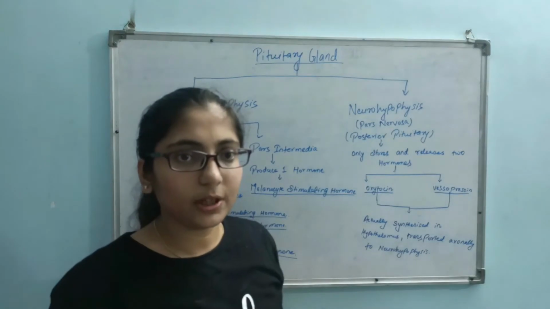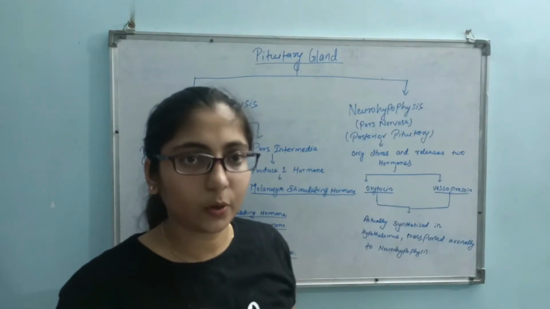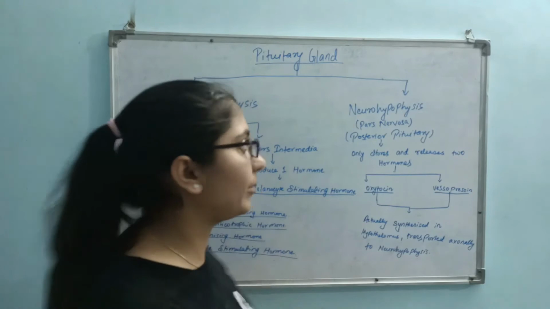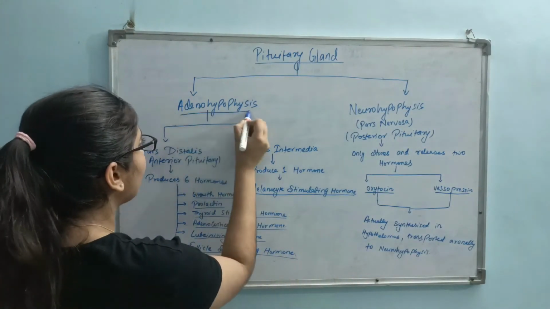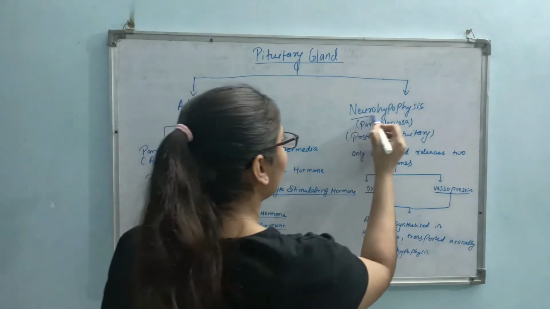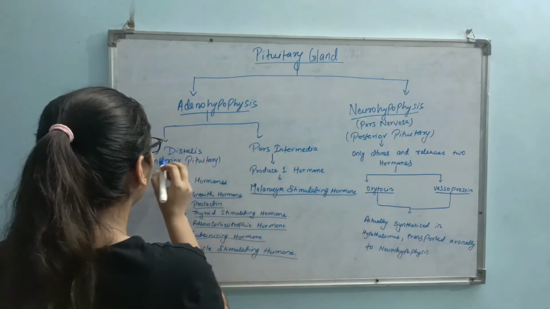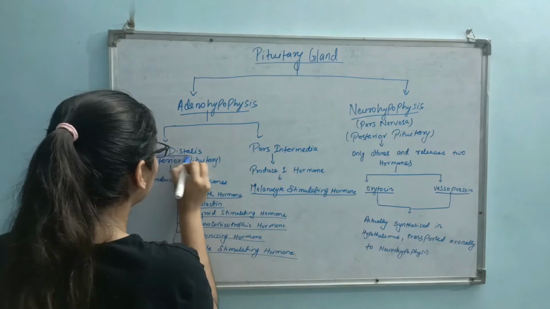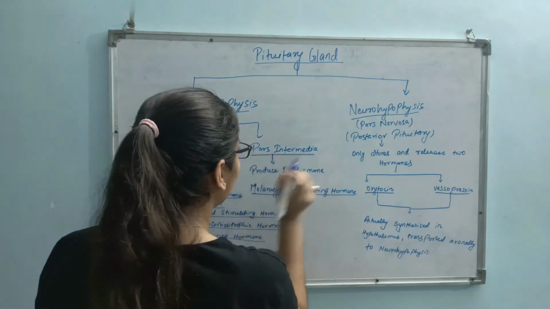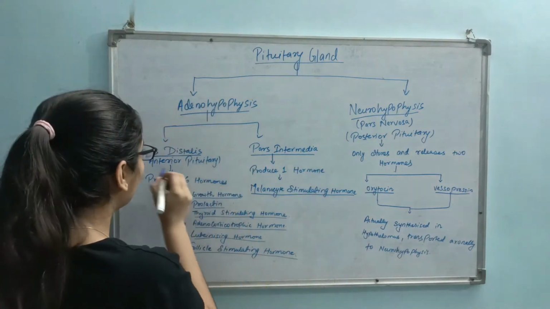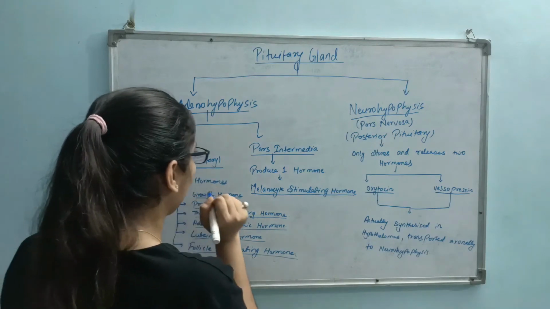Now, we will study parts of the pituitary gland. So, the pituitary gland is divided into mainly two parts, adenohypophysis and neurohypophysis. Now further, adenohypophysis is divided into two parts, that is pars distalis and pars intermedia. Pars distalis is also known as anterior pituitary.